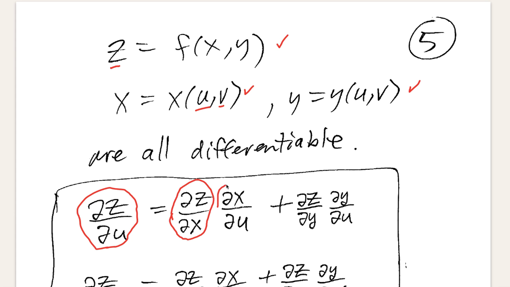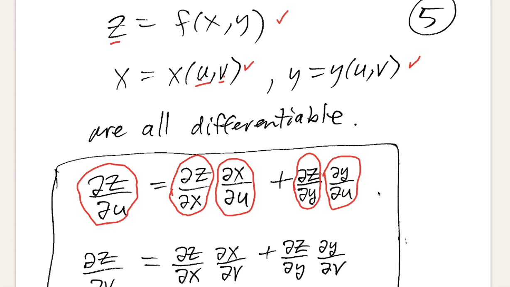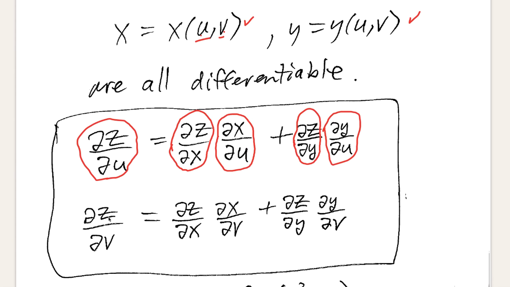The difference is I'm going to have the partial derivative of x with respect to u instead of dx over du, because x depends upon two independent variables, both u and v. And then keep going. z also depends upon y, so I need to take into account changes in y also. But remember, y also depends upon u and v.